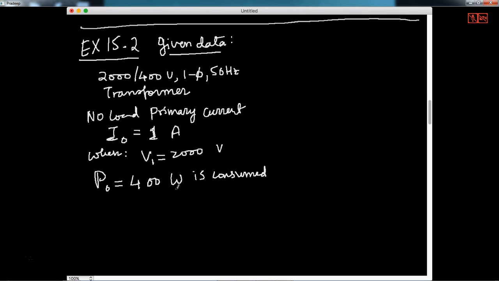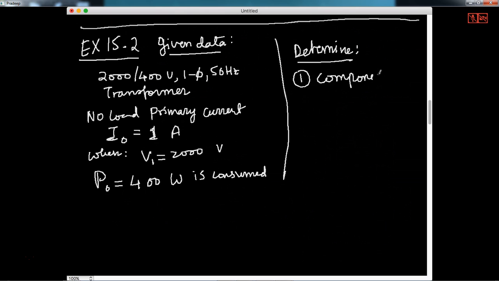Based on this, first determine the components of I naught. I naught has two components, which you have to determine. Second one, the vector diagram.